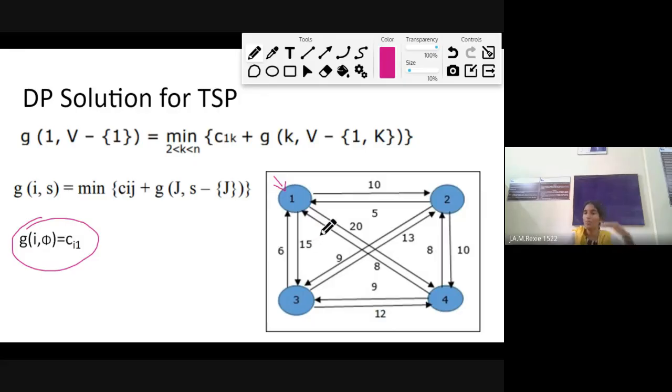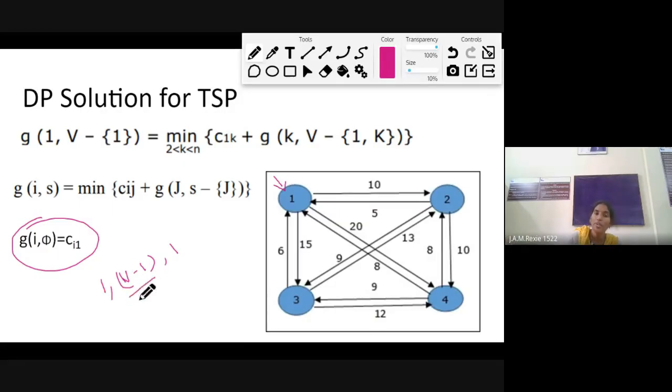From the top, my objective is to start from vertex 1, visit all the other vertices, and reach back to 1. Starting vertex, again reaching back to the starting vertex by visiting the remaining vertices.